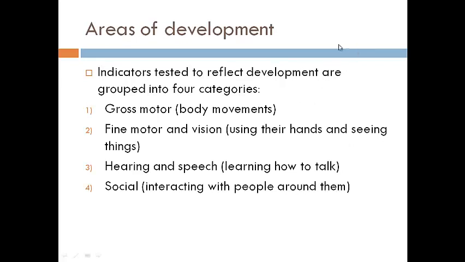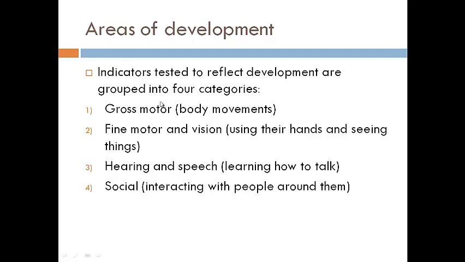All right. Now, the areas of development are indicators that are tested to reflect the development, and they are usually grouped into 4 categories. So basically, in order for me to decide whether or not this child is developing normally, I have 4 things or 4 areas that I need to test. Okay?